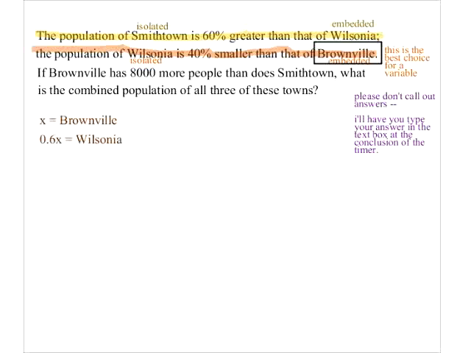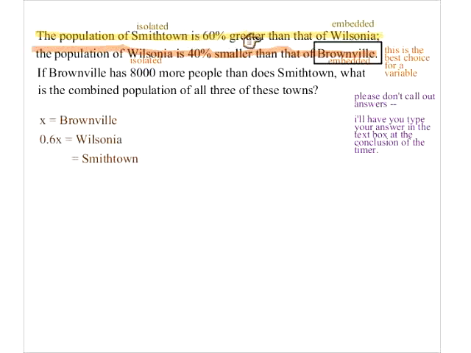So then how do you do Smithtown? In the text box. Notice it's not 1.6x, because Smithtown's not 60% bigger than Brownville.